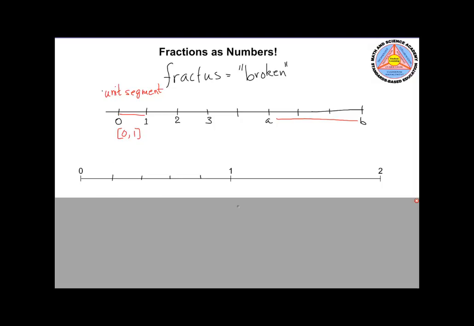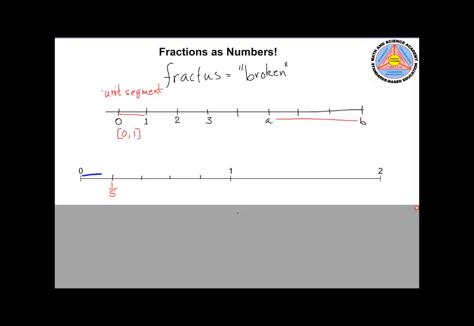We've already defined that as our segment. So we have new notation that we need to bring in, and that is the notation 1/5. We will use that name to define that point on the number line, and it also defines, therefore, the length of that segment, just as we did with the whole numbers.